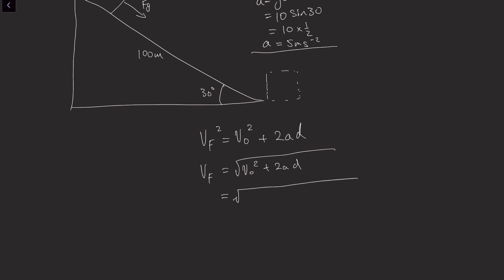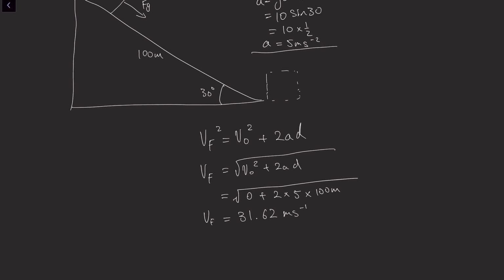The initial velocity of this block is 0, because it's not moving at time equals 0. Then we're going 2 multiplied by the acceleration, which is 5, and d, which is the distance that it travels, which is 100 meters down the slope. So solving for all of this, put it in your calculator, and you'll get 31.62 meters per second as your final velocity.